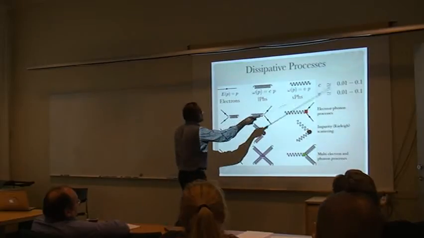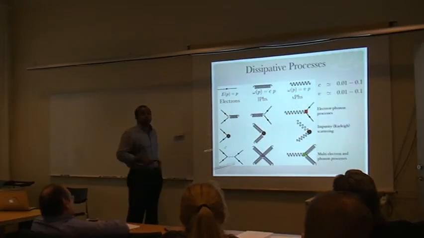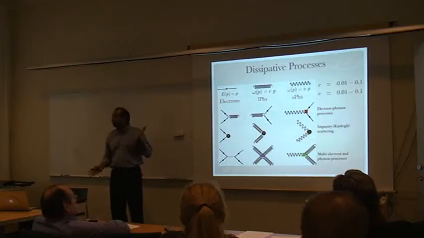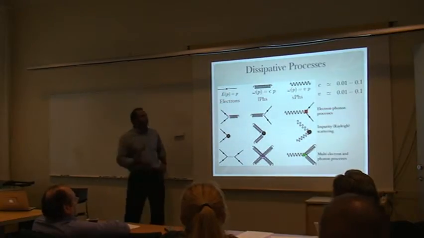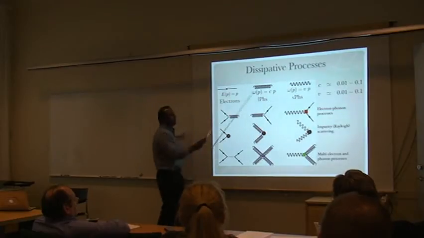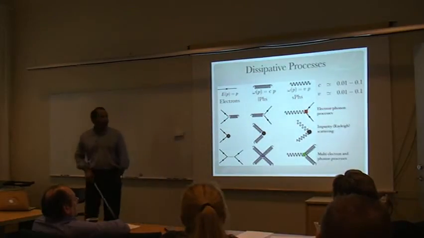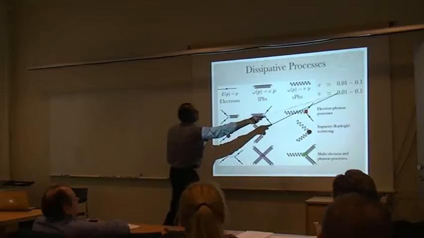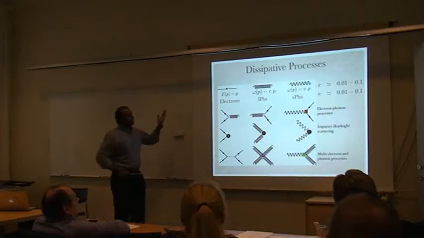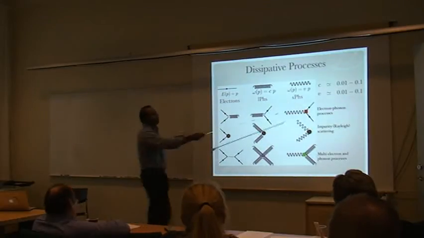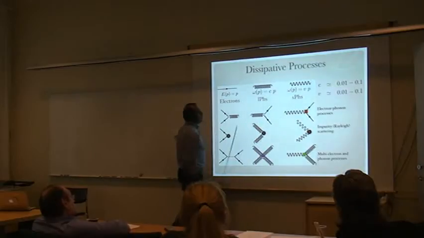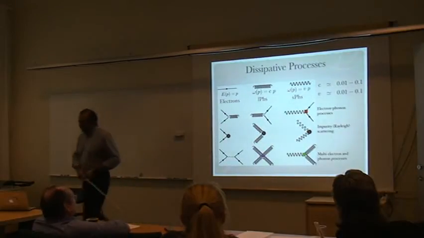So when they mix, you'll still have 2 modes. One of the modes will look almost like this, and the other mode will almost look like that. So these velocities will range from 0 to 0.1, and for these modes, the velocity will range from 10 to the minus 2 to 10 to the minus 1.